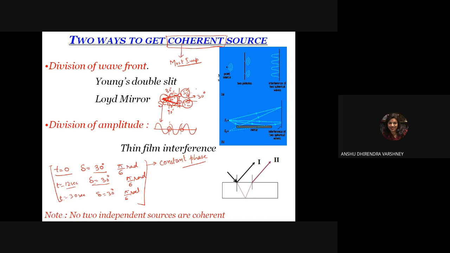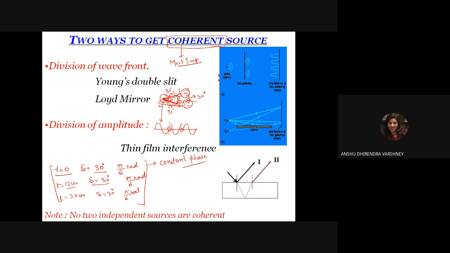As a result, modification of the distribution of intensity of light takes place. According to the principle of superposition, this is called the interference of light.